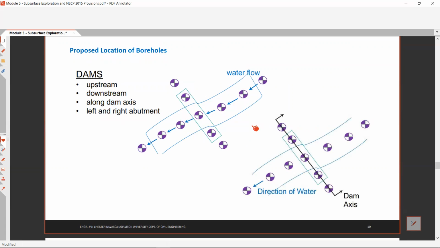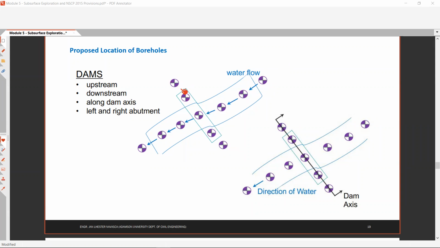Then for dams, how do you place the borehole locations? For the location of boreholes in a dam, you need to get the soil sample or test boring in the direction of the water flow and along your dam structure.